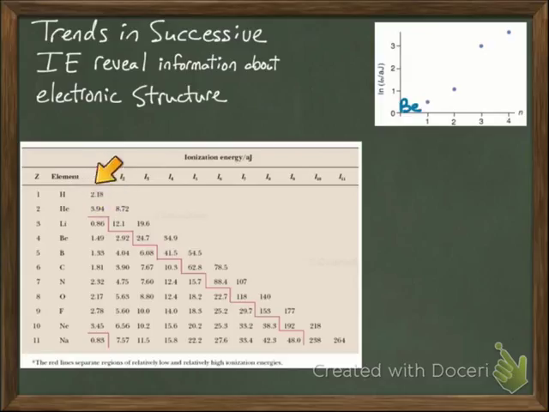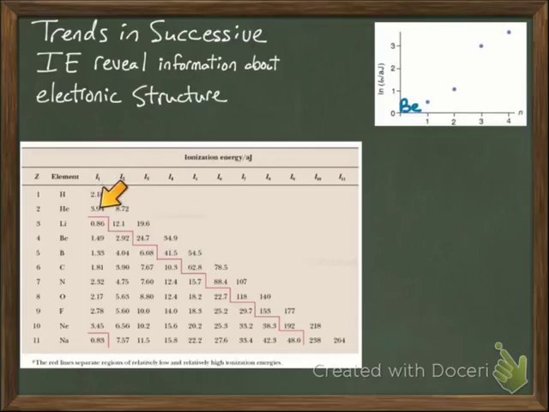For instance, the energy required to remove an electron from hydrogen is 2.1 attojoules, the joule being the unit of energy. Helium requires 3.94 attojoules, and then 8.72 attojoules of energy to remove the second electron.